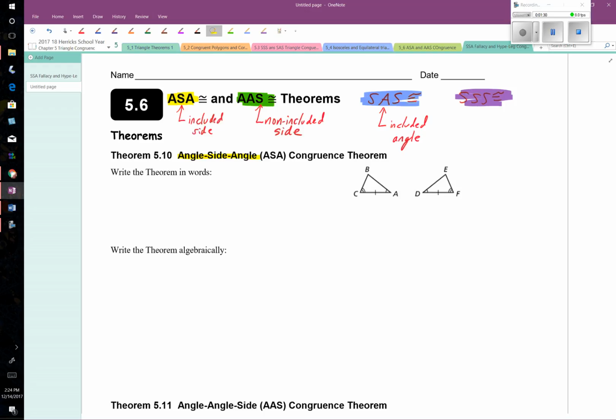Okay, so let's get started with the first one, and it's the angle side angle congruence theorem.